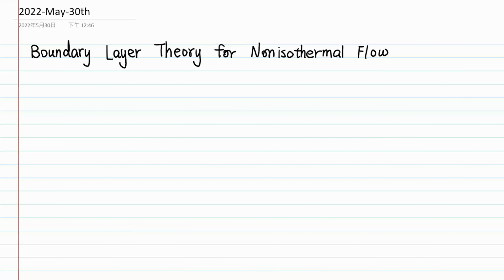Again, we will try to consider a two-dimensional flow around a submerged object. Again, in the vicinity of the solid surface, the equation of changes would be the following. So let's try to write this down.